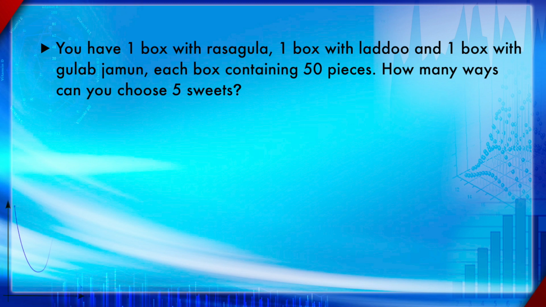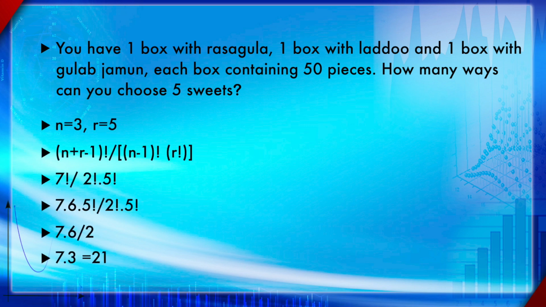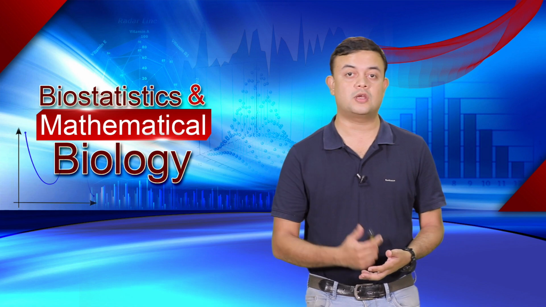So it could be different or it could be the same. So repetitions are allowed, and it's a combination problem, just like in the case of the fruit salad which I told you earlier. So here n is 3 and r is 5. You can put this into the combinations with repetitions formula, and you are going to get the answer as 21. So that is how you can solve it.